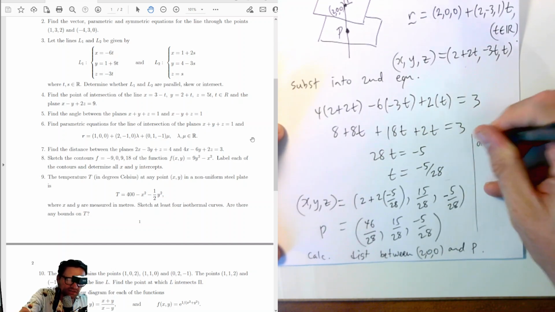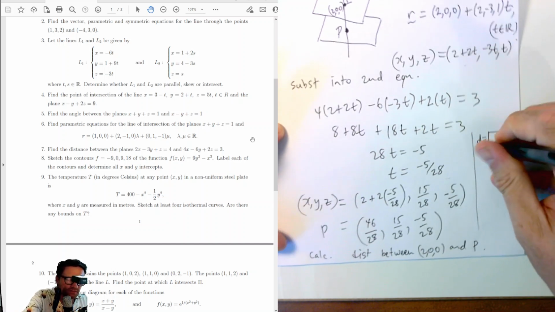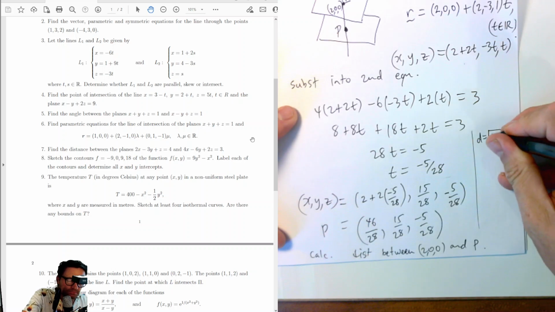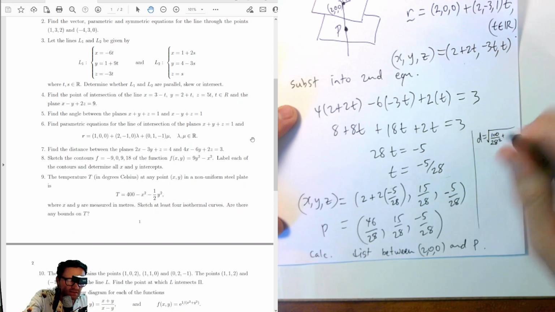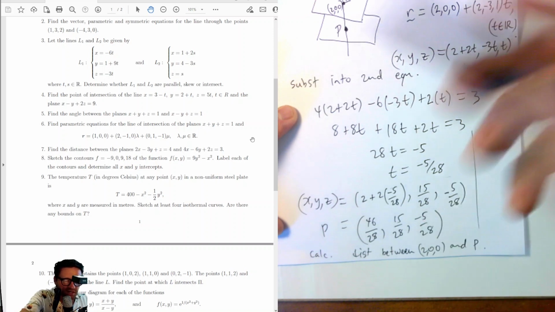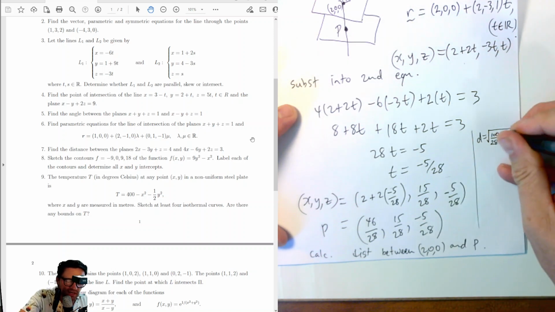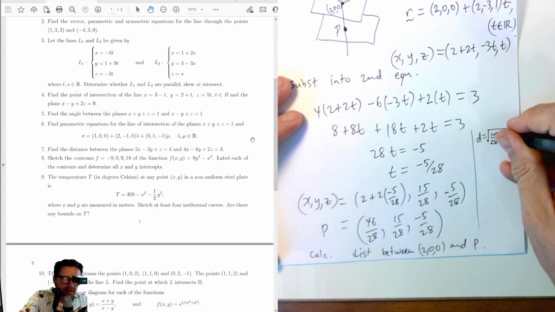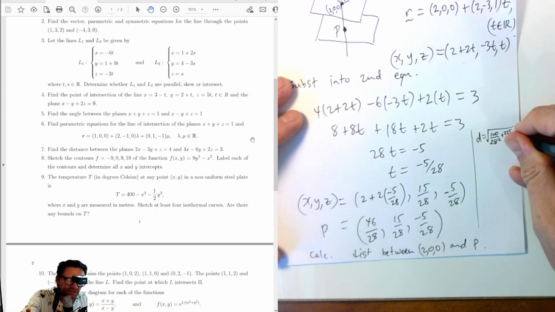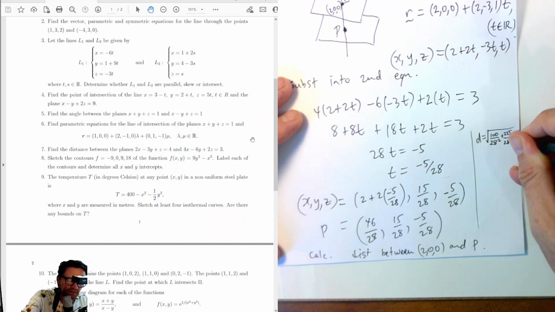Okay, so distance is equal to the square root of, 10 over 28 squared is 100 over 28 squared, and then plus, now 15 over 28 minus 0 is just 15 over 28, so 15 squared is 225, and then 5 squared is 25. Okay, these are all over 28 squared.